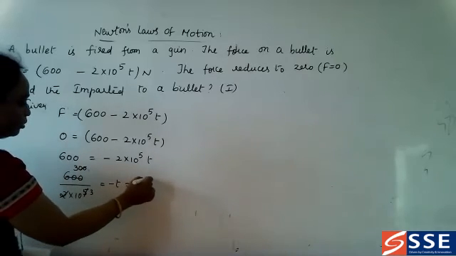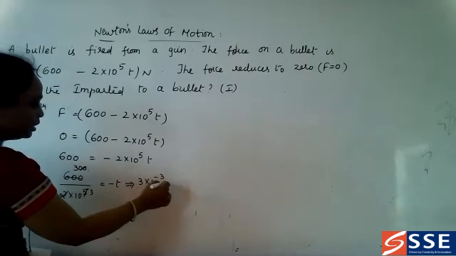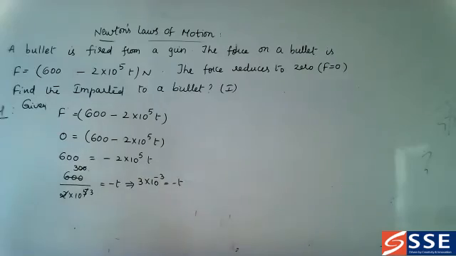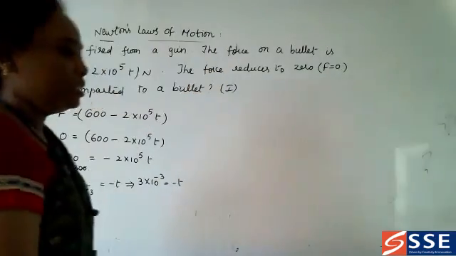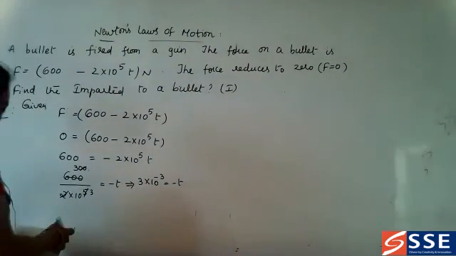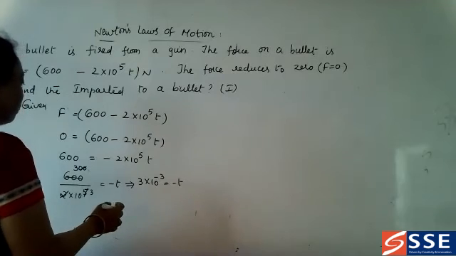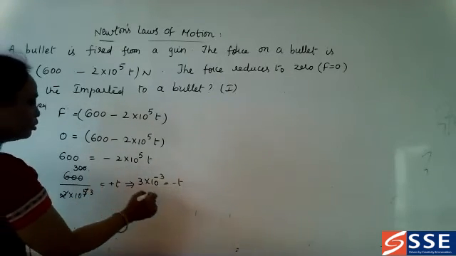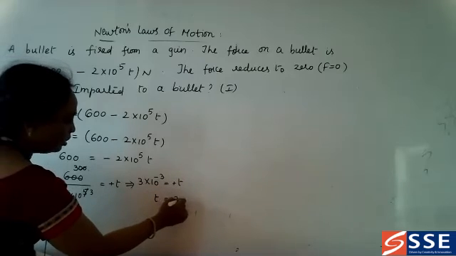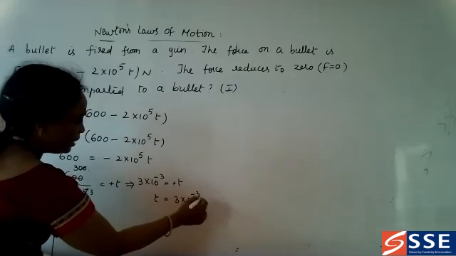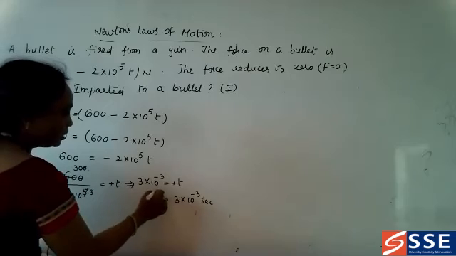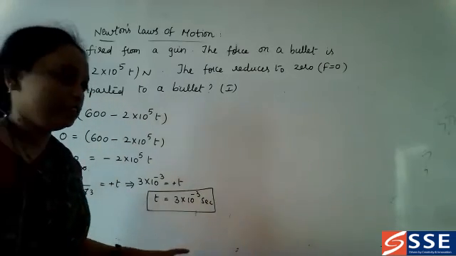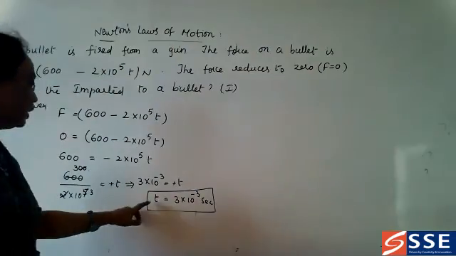So 3 into 10 power minus 3 is equal to t. So t is equal to 3 into 10 power minus 3, which is the time. 0.03 also you can write this. So 0.03 is the answer.